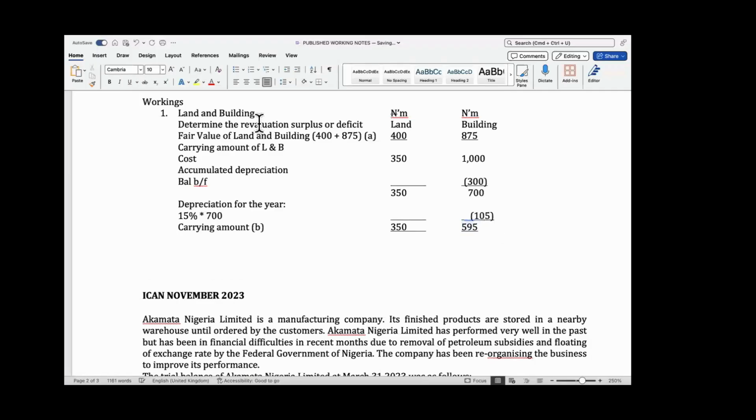So now I have my fair value and I have my carrying amount. So I can know whether I'm getting a revaluation surplus or a revaluation deficit. So I'm having a revaluation surplus.